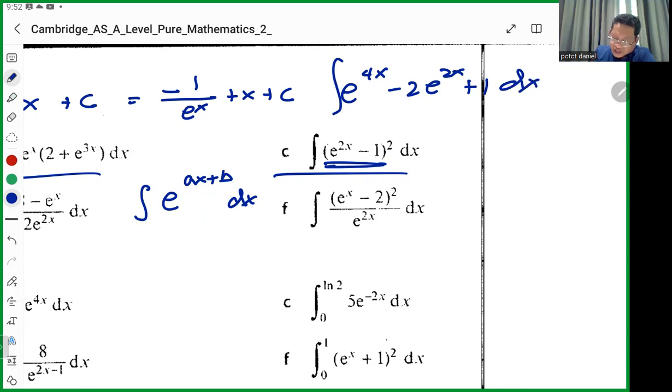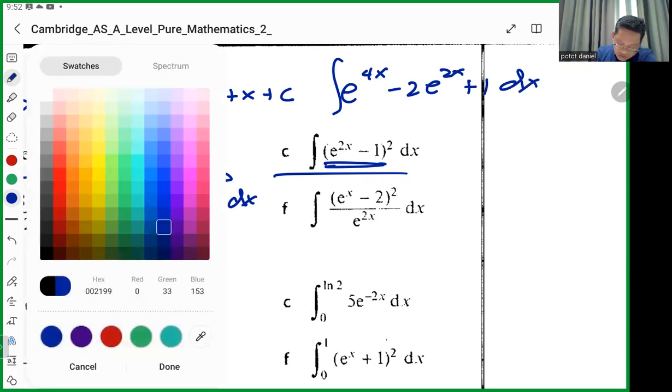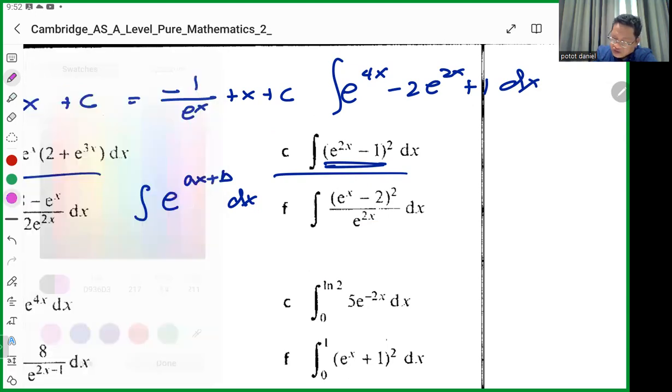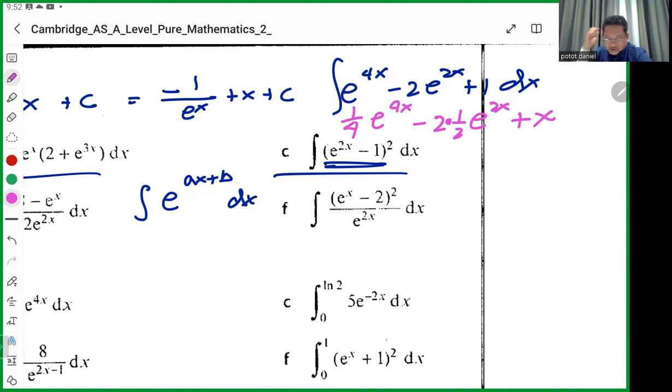And presto, the answer to that one will be 1/4 e to the 4x minus 2e to the 2x times 1/2, plus x, the integral of 1 is x, plus c. Or we can now simplify: 1/4 e to the 4x minus e to the 2x plus x plus c. So that is now our answer.